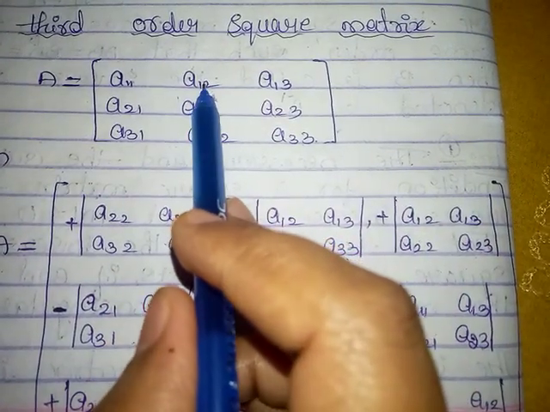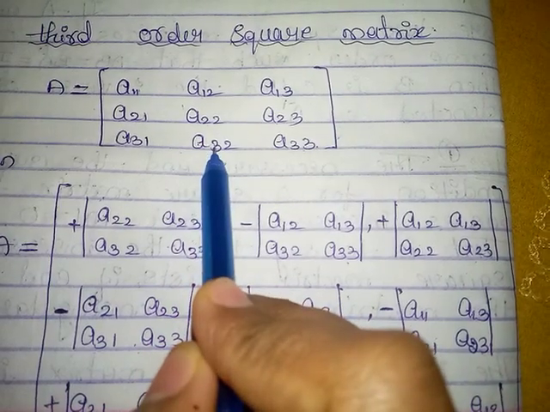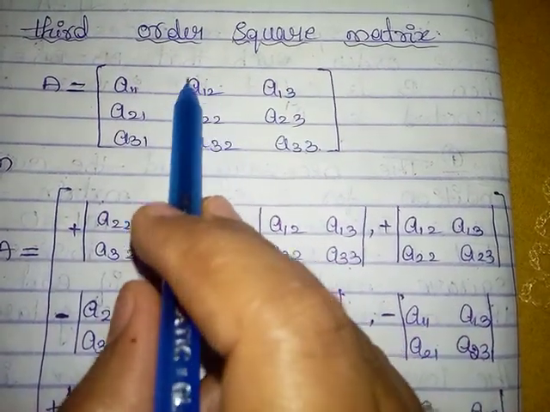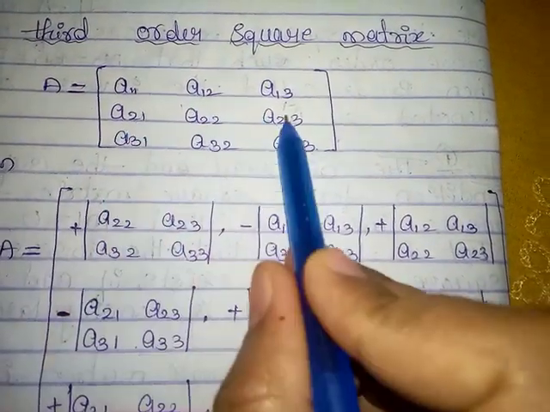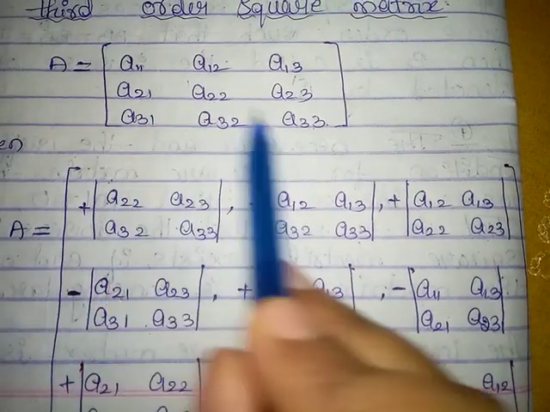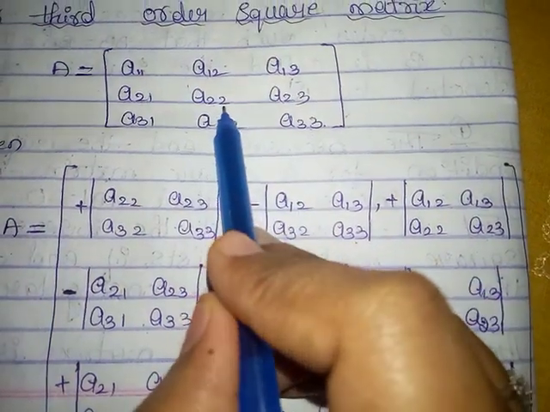Here we are taking this element A12, which means we have to avoid this second column and this first row, because the first row and second column have this element. The remaining elements are A21, A23 and A31, A33.